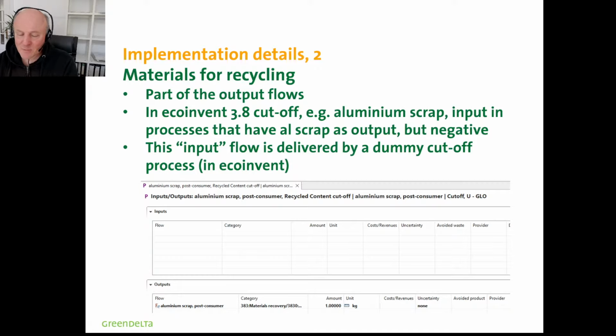The negative aspect is that in a life cycle calculation result you don't see that you have an unfinished supply chain; it's just assumed to be fully closed, because this process produces this product and then it doesn't appear in the inventory calculation result.